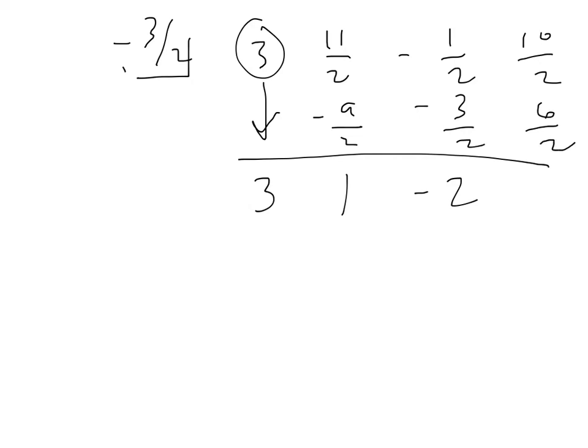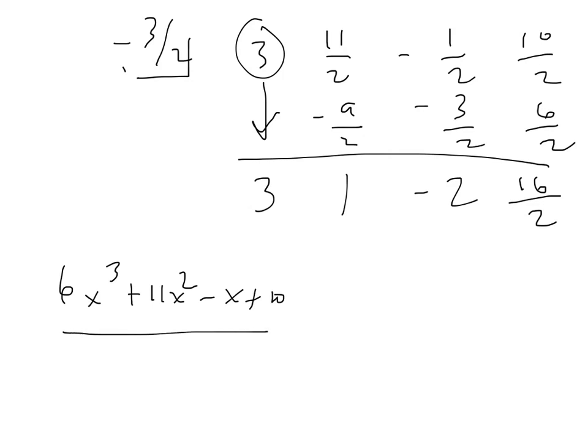And I'll add, and again, always leave the last as a fraction, since this will represent our remainder divided by the lead coefficient of our denominator. So I know then, for this question, the solution to 6x cubed plus 11x squared minus x plus 10 divided by 2x plus 3 should come from remainder, constant, x to the first, x to the second.